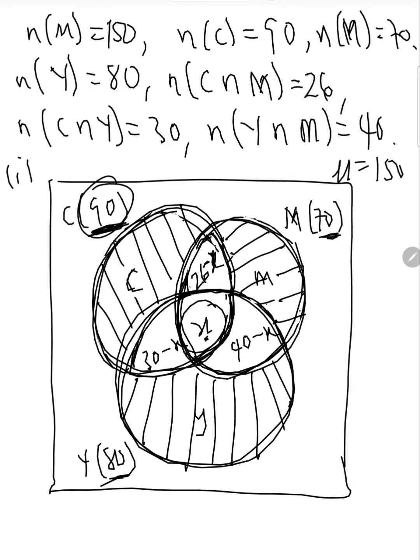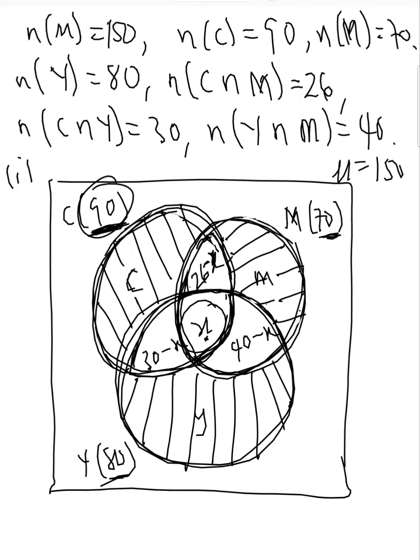So once we understand it this way, then what it means is to find the number of traders who sell 1 food crop only means that the trader can sell only cassava or only maize or only yam.